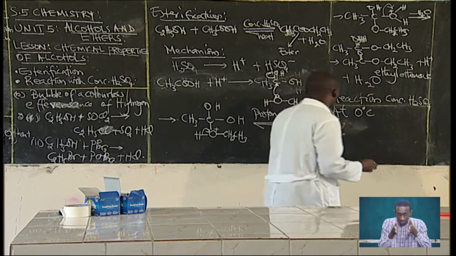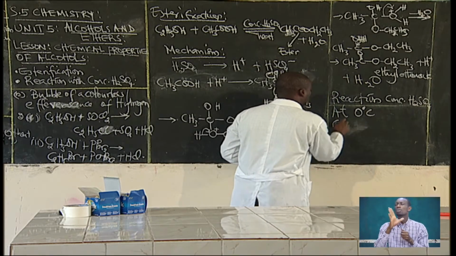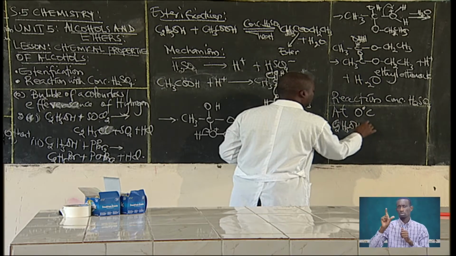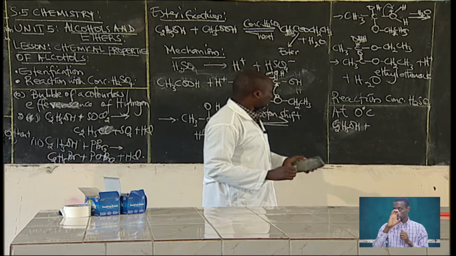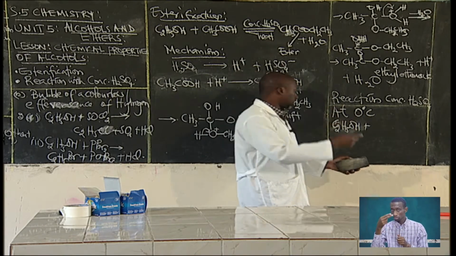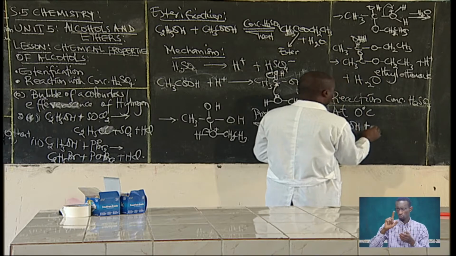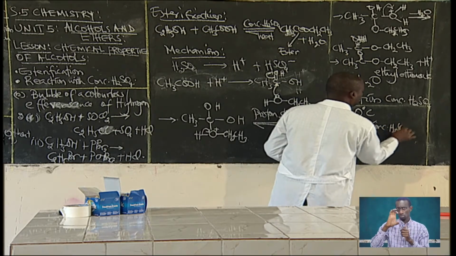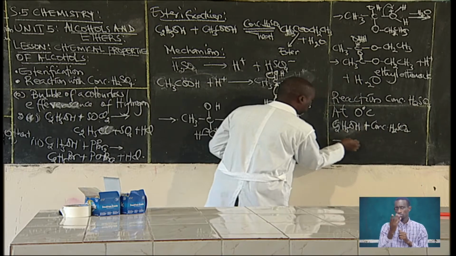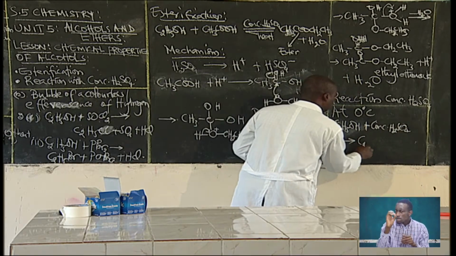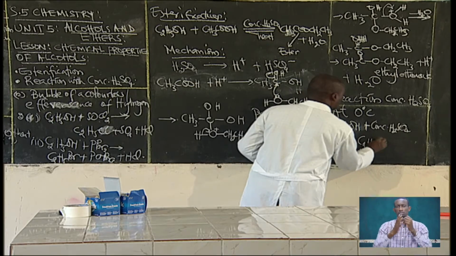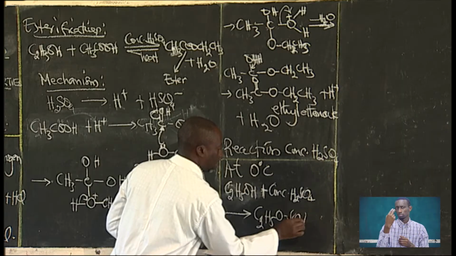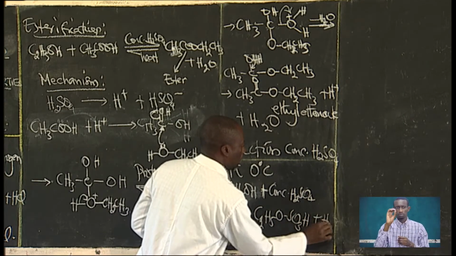So start with the alcohol. Remember, we have used continuously the ethanol to represent other alcohols. Then plus concentrated sulfuric acid. At 0 degrees, this will produce CH3CH2OSO3H plus the water.